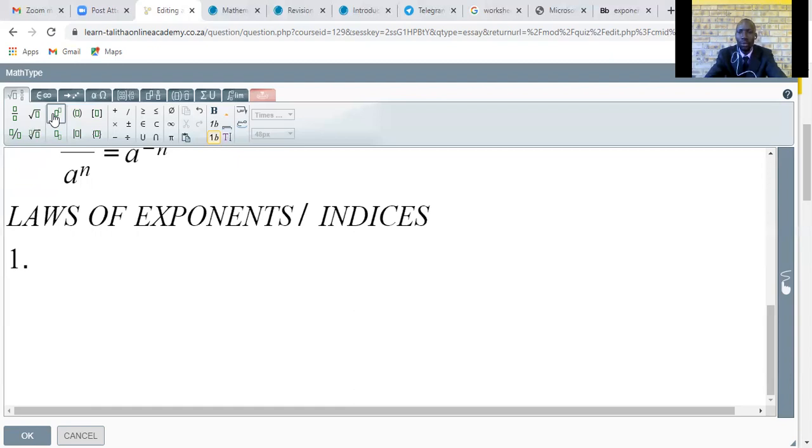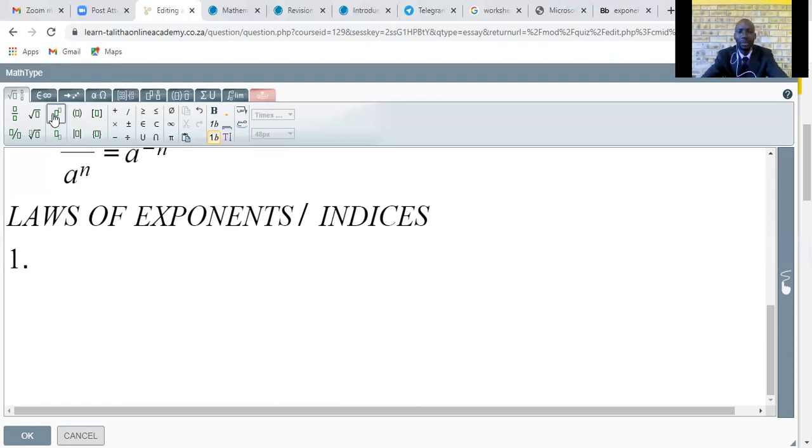There are rules that we follow, which in this case are described as the laws of exponents. And how do we deal with this? Well, we just have to follow the rules. For as long as we get the rules right, and follow them correctly, we won't go wrong.